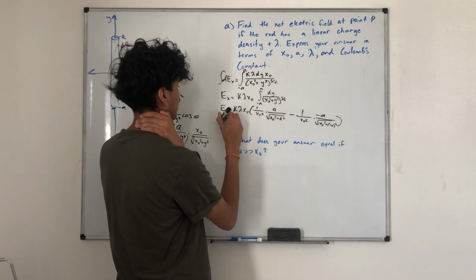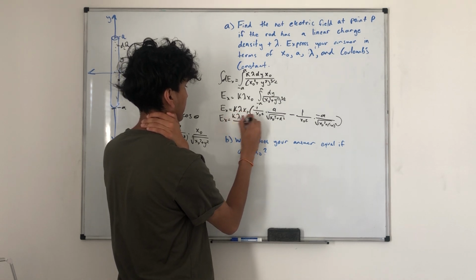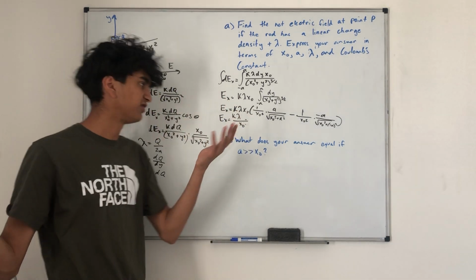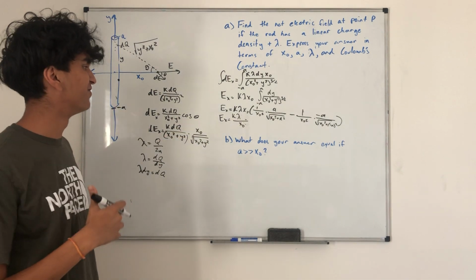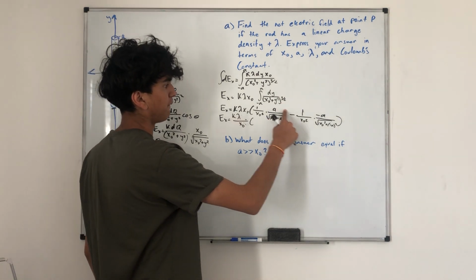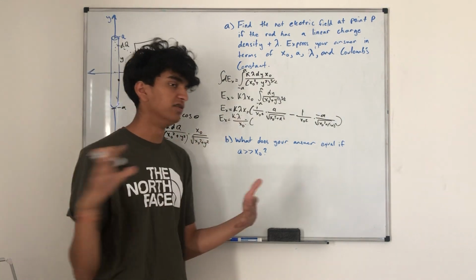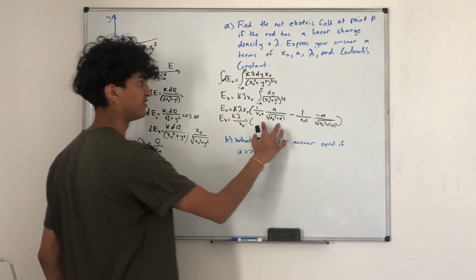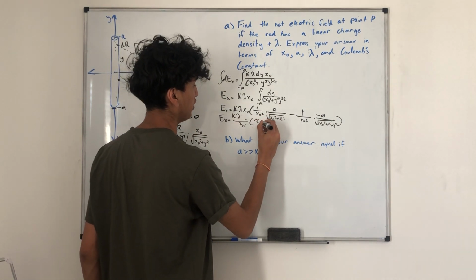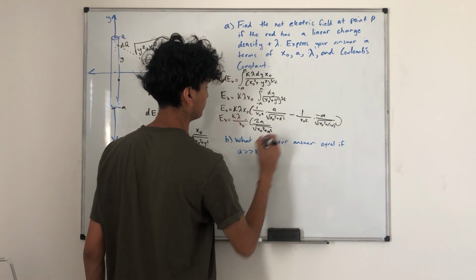So we could say E_x is equal to k lambda x naught over x naught squared. We can cancel this out, and we get k lambda over x naught. And then we have a minus negative a over the same thing. So you're minusing a negative, you're just adding, and these are basically the same variable, just this one is negative. So we get 2a, adding them both, over the square root of x naught squared plus a squared.